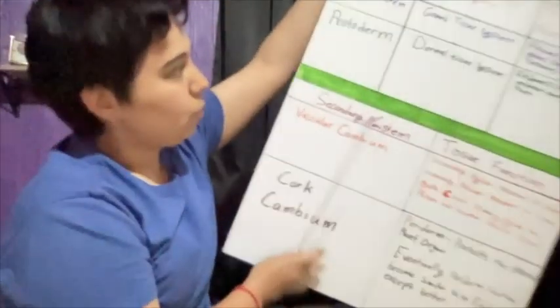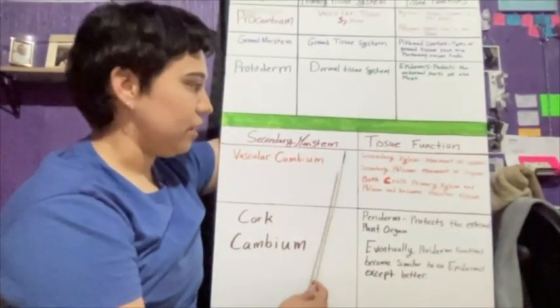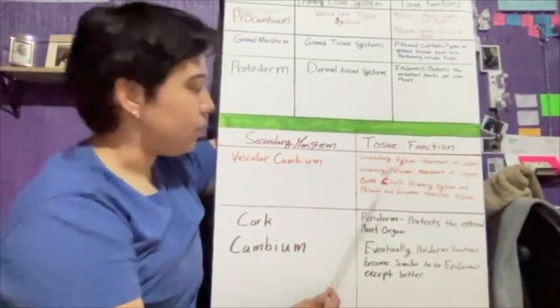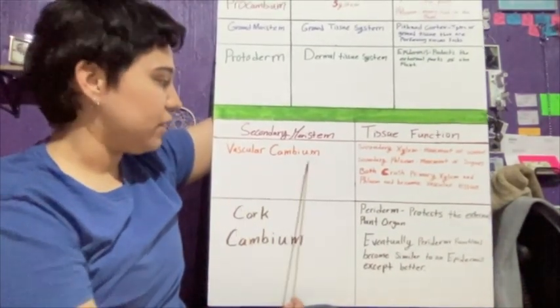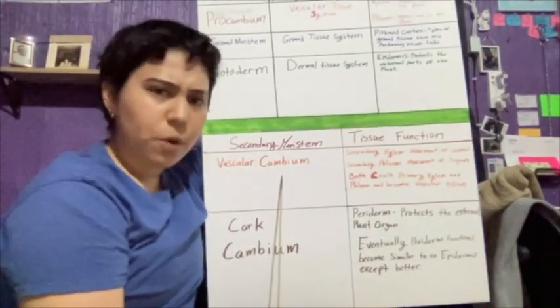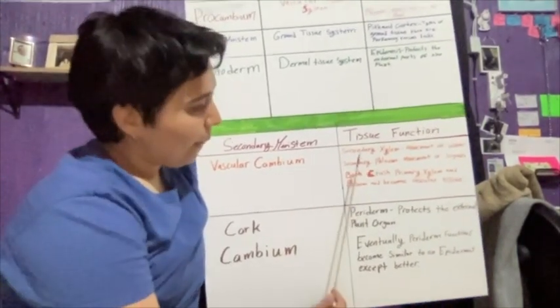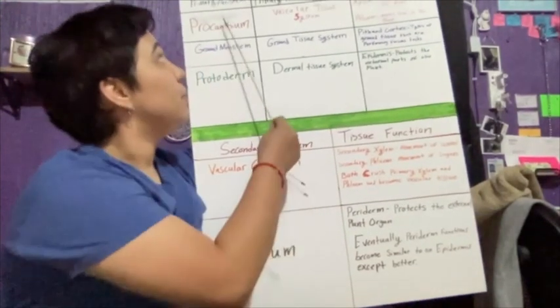So, first let's tackle the secondary meristem and the tissue functions. Here, in the secondary meristem, we have the vascular cambium. And this one is just like the procambium up here.